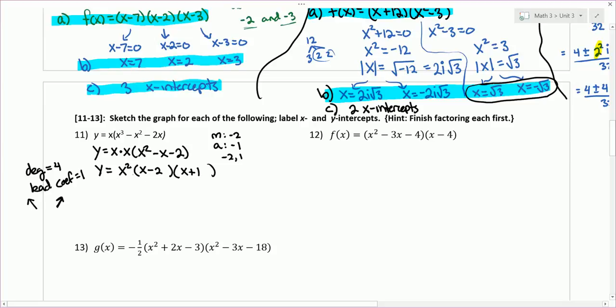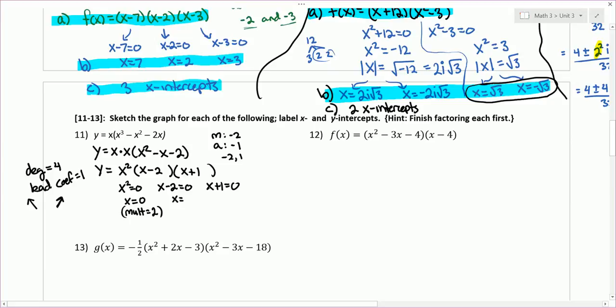Since we have it in factored form, it's easy to find our x-intercepts. We can set our factors equal to 0 and solve. So first one we get x is 0, but notice the multiplicity is 2, or even, so it's going to bounce at that point.